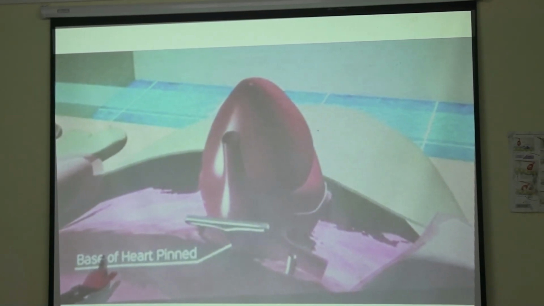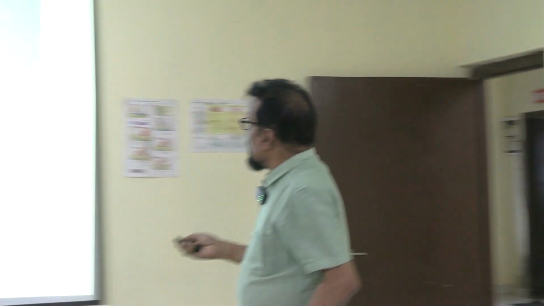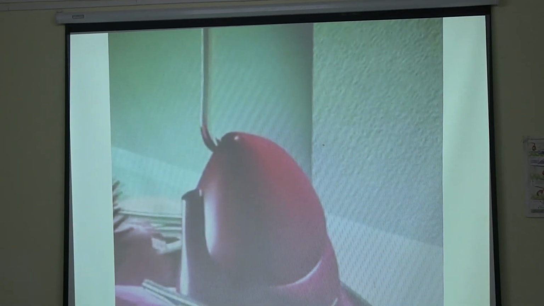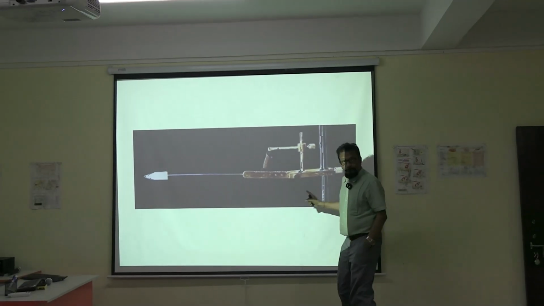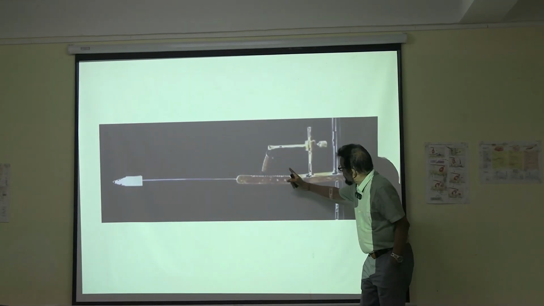Now I will take a hook, and one end of that hook I will insert through the apex of the heart, and the other end of the hook will have a thread. Suppose this is the hook and there will be a thread. And I will attach the thread to this lever.